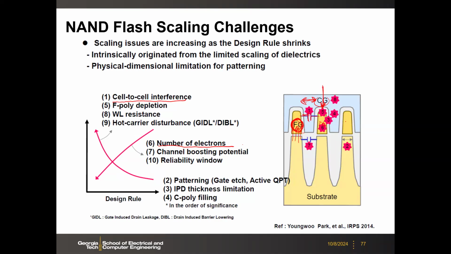Think about this entire spectrum as a window of like 8 volts. If you lose one electron, you're going to move like 500 millivolts. This is crazy. You cannot allow that, because your multi-level cell or TLC will basically corrupt right away if you lose one electron. So those are the challenges. And of course, there are some other fabrication challenges. But I would say the cell-to-cell coupling and the small number of electrons are the problem.